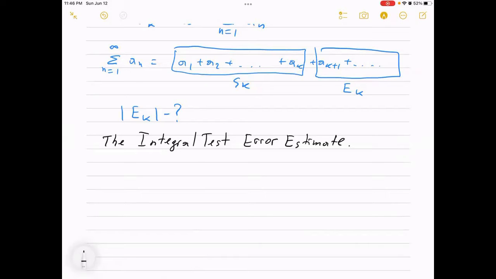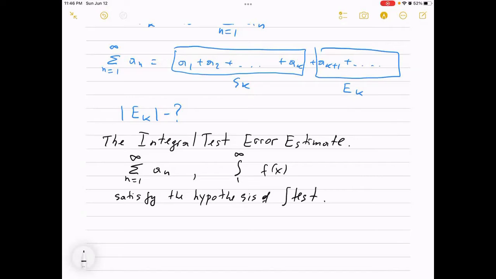So we have a situation where we have an infinite series, we have the corresponding integral, and we assume that we satisfy the hypothesis of the integral test, and we also assume that the series and correspondingly the integral are convergent.